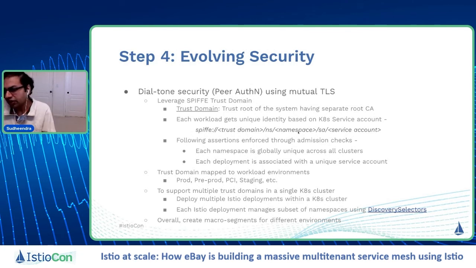In order to ensure that every workload has a unique identity, we also have a few assertions that we are ensuring across the fleet. One such assertion is that each namespace is globally unique, and each deployment that goes into these namespaces is associated with a unique service account.